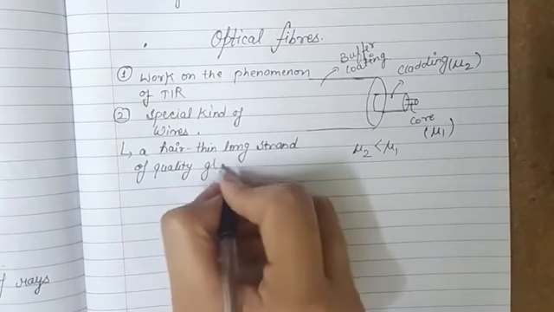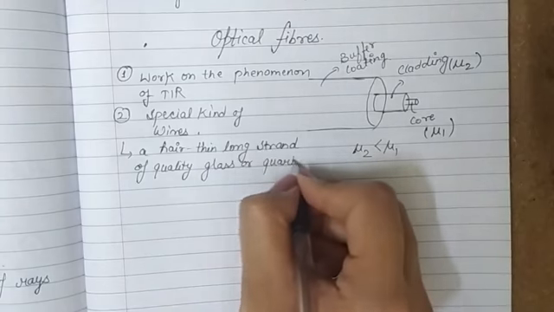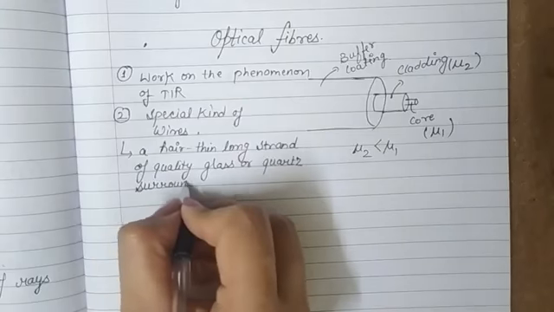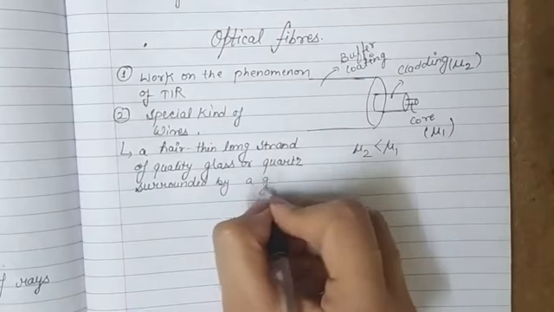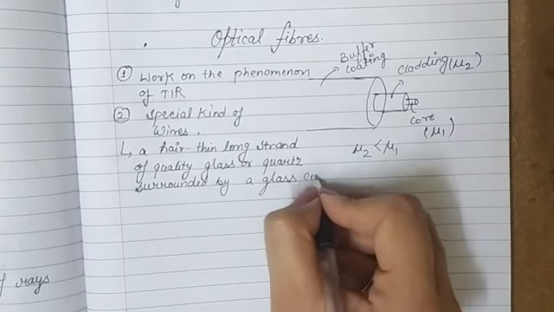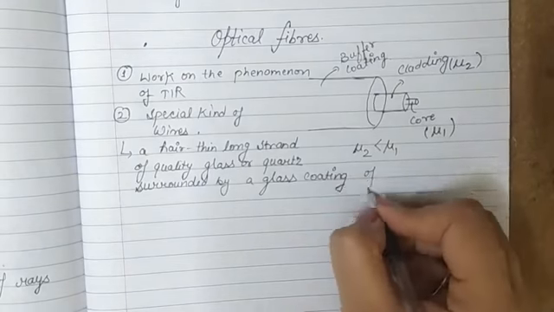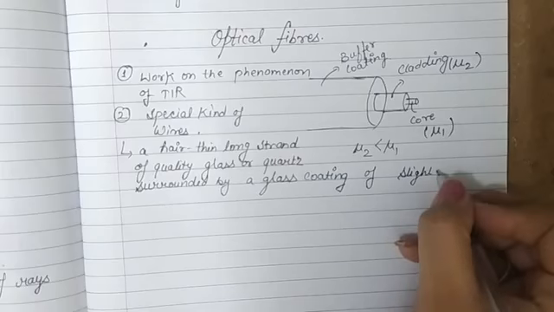It can be of glass or of quartz, surrounded by a glass coating. The actual wire is surrounded by a glass coating of slightly lower refractive index.